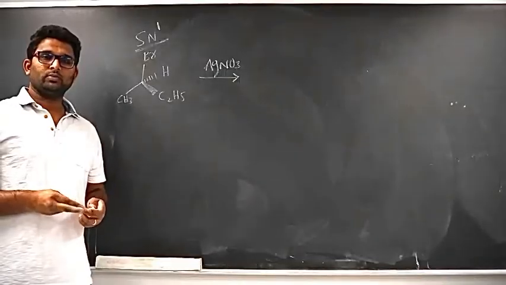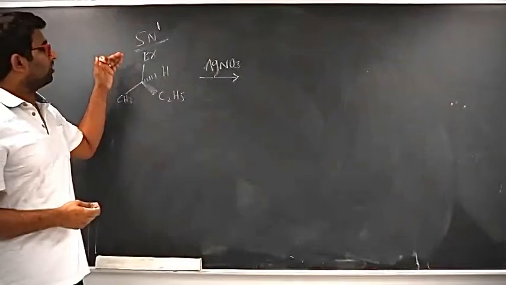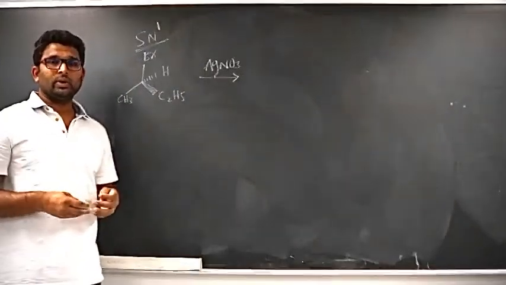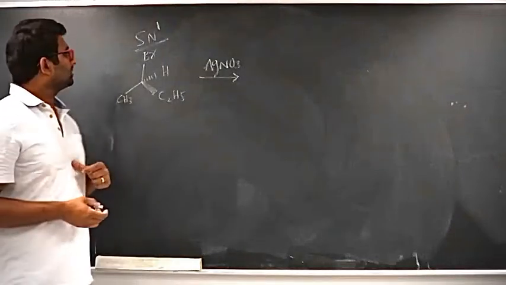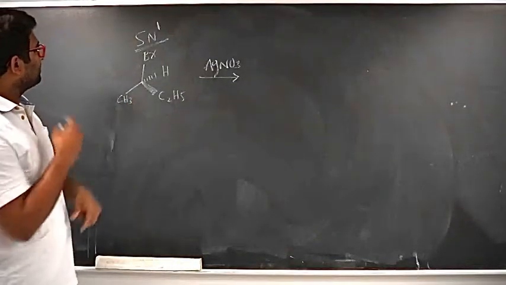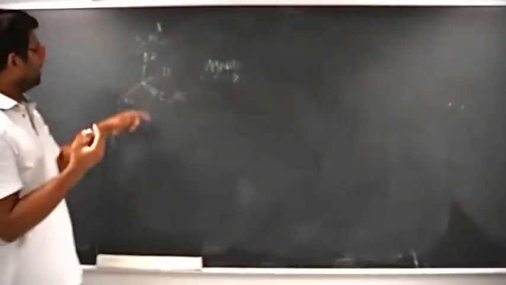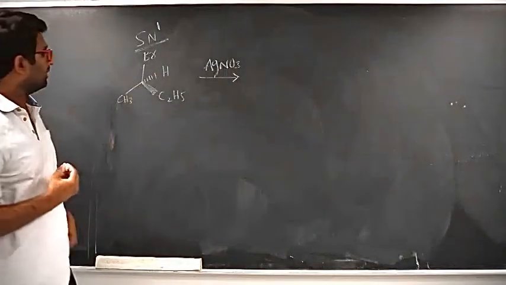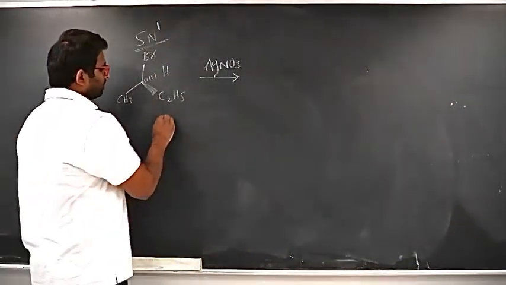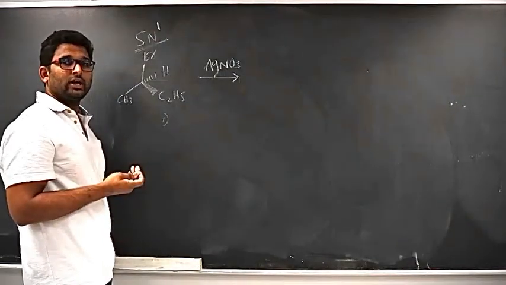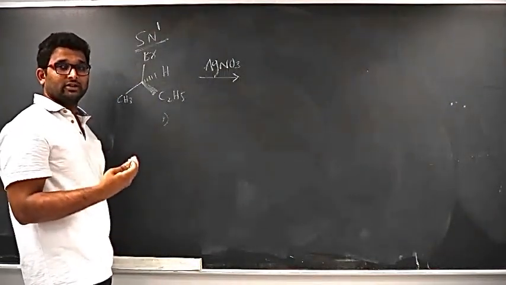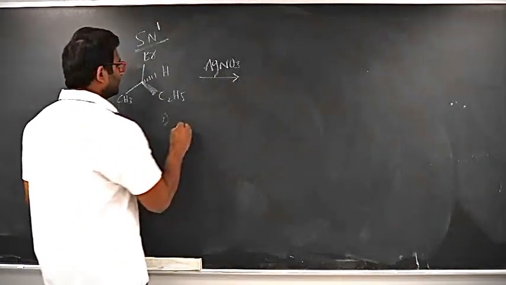We're going to see one more example reaction of SN1 so that we can see what happens to the stereochemistry in SN1 reactions. As you can see here, I have an alkyl bromo compound with silver nitrate. So according to what we talked about, the first step is formation of carbocation, which is the rate determining step in SN1 reactions.